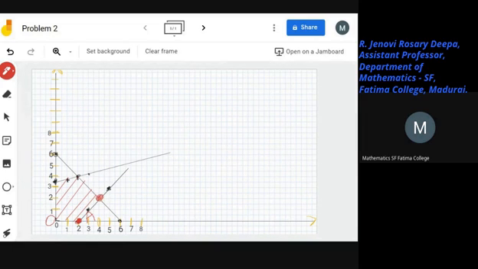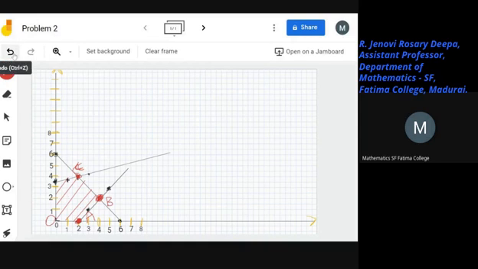So this is the next corner point. You can mark this with another alphabet, B. So B, and the next corner point is C. Another, the last one, is this point.